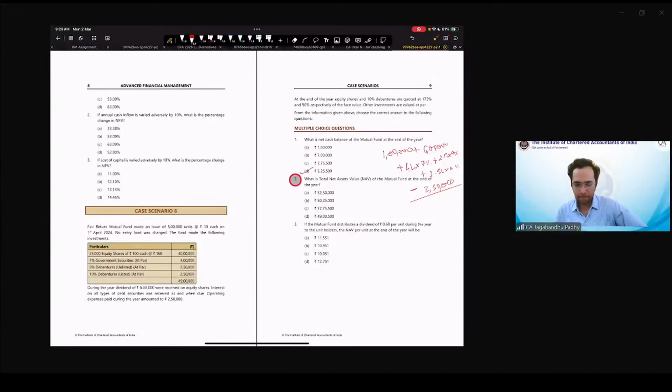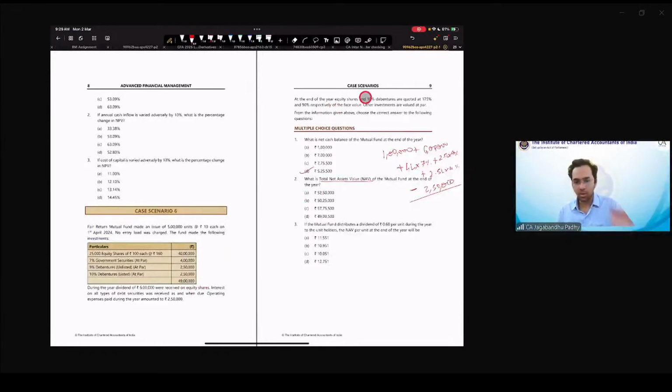Second question. What is the total net asset value of the mutual fund at the end of the year? 57,75,500 is the total NAV.